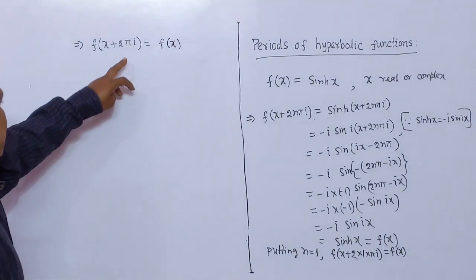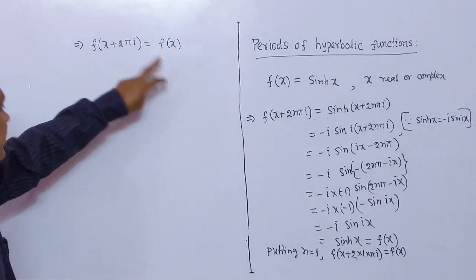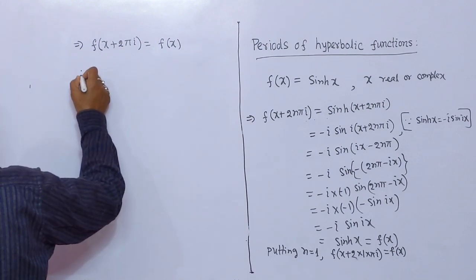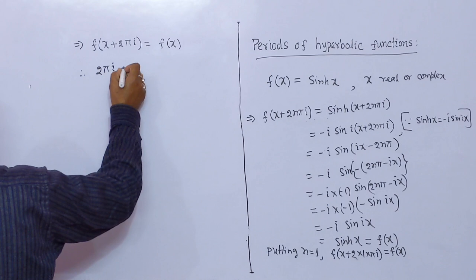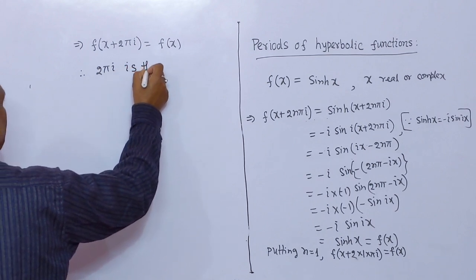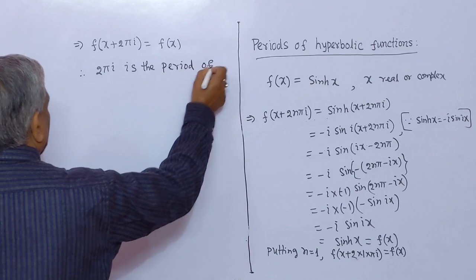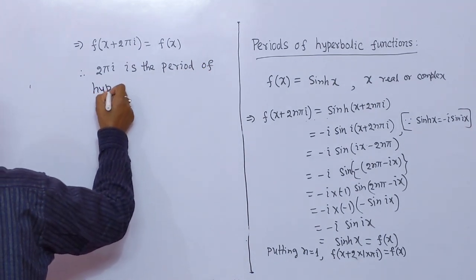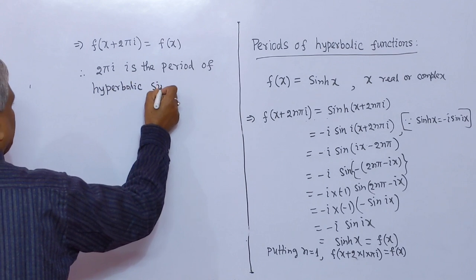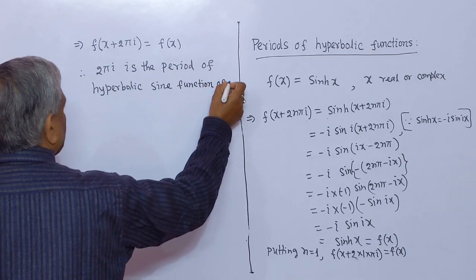So after the interval 2 pi i, the function repeats. Therefore 2 pi i is the period of the hyperbolic sine function of x.